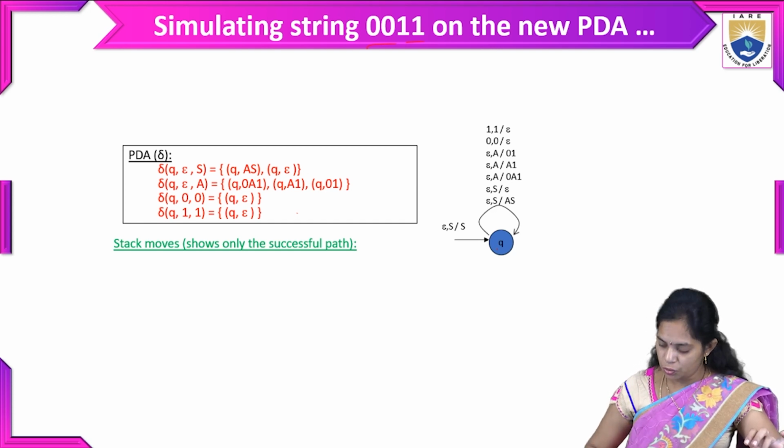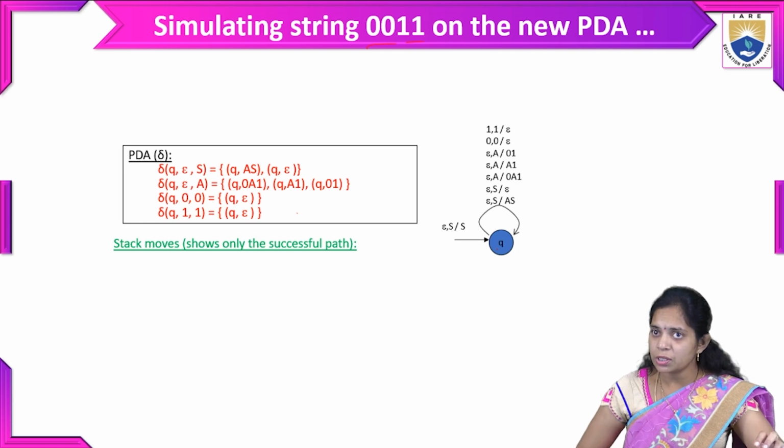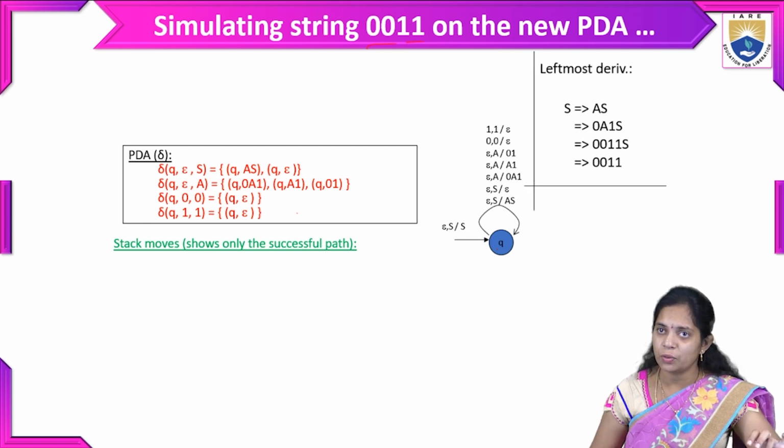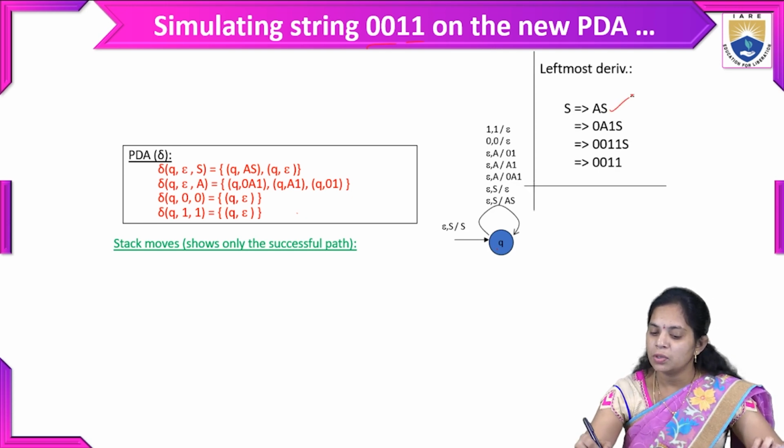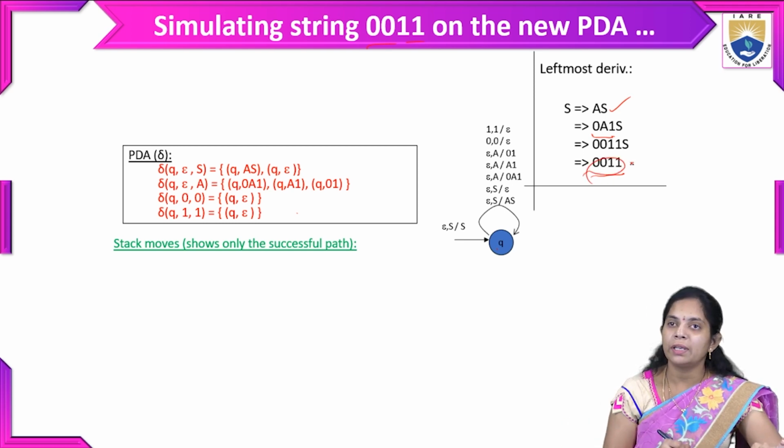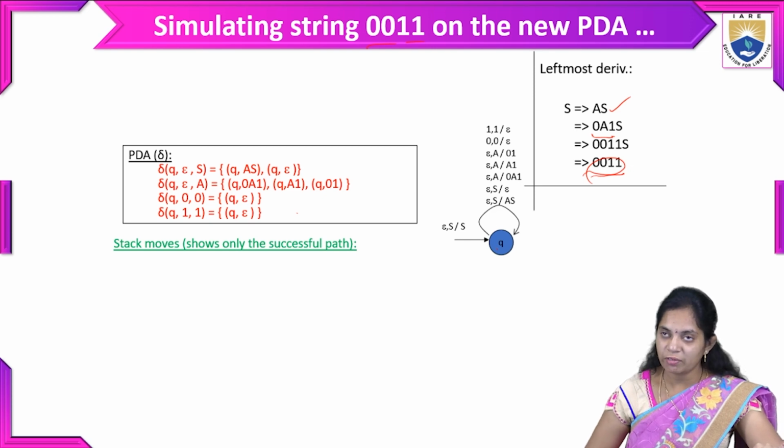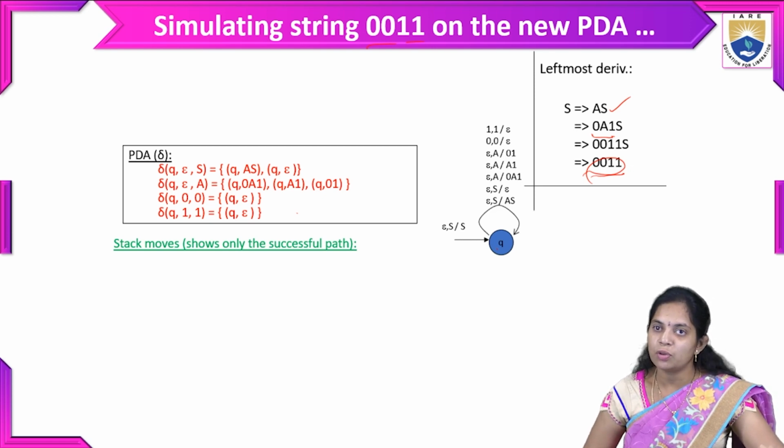So here, among the production rules which start with S, I'll take AS. So first is AS. If you do the substitution, we will get 0011. Then we will simulate this string with the newly constructed push down automata.